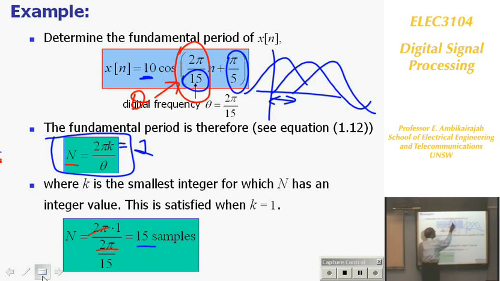Instead of that, if you have it in that form, read out that value correctly. This is the best, correct way of doing it. So in this question you have been asked to find the fundamental period. It's easy to do.